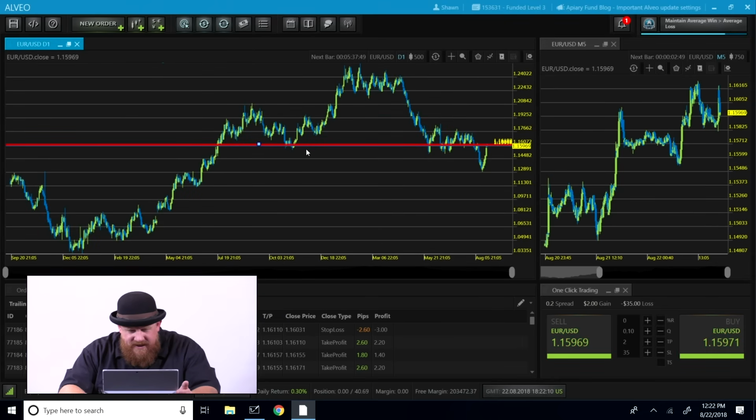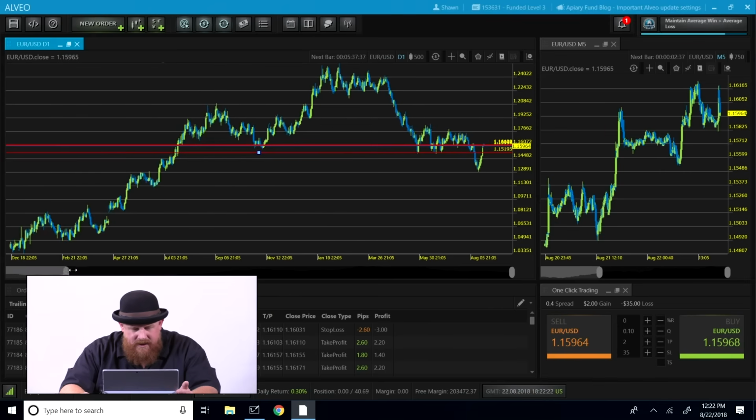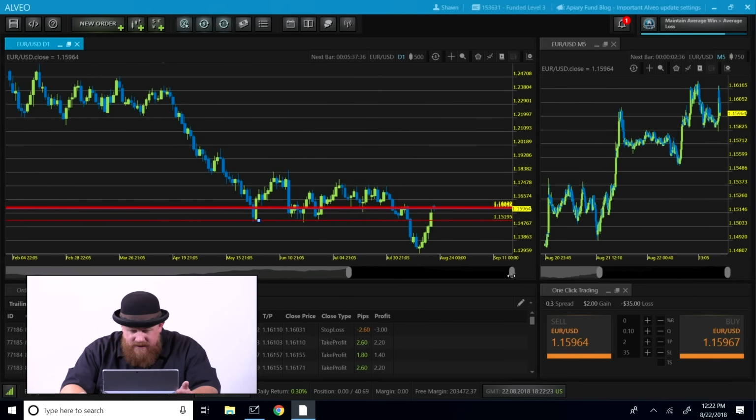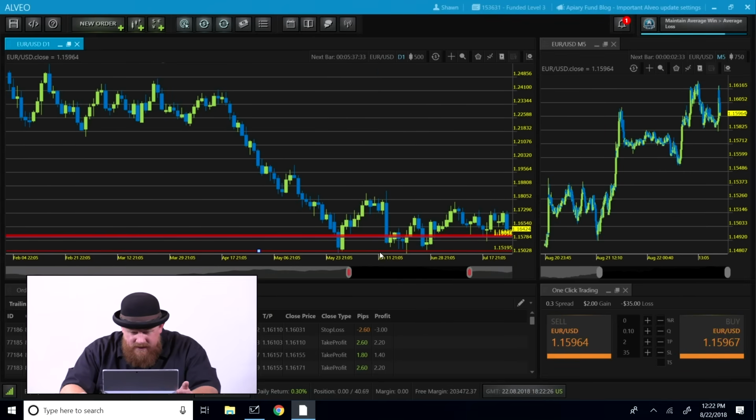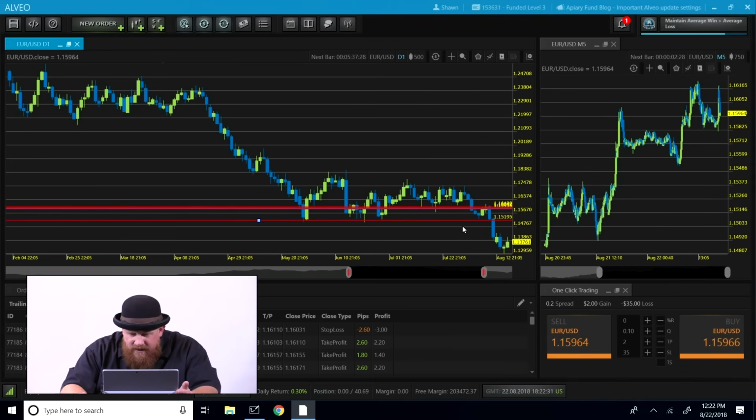So we take one of these lines here and we put it down at the bottom of these support lines right here on the daily chart. Now let's zoom right in. So that line that I put in there is 1.1519.